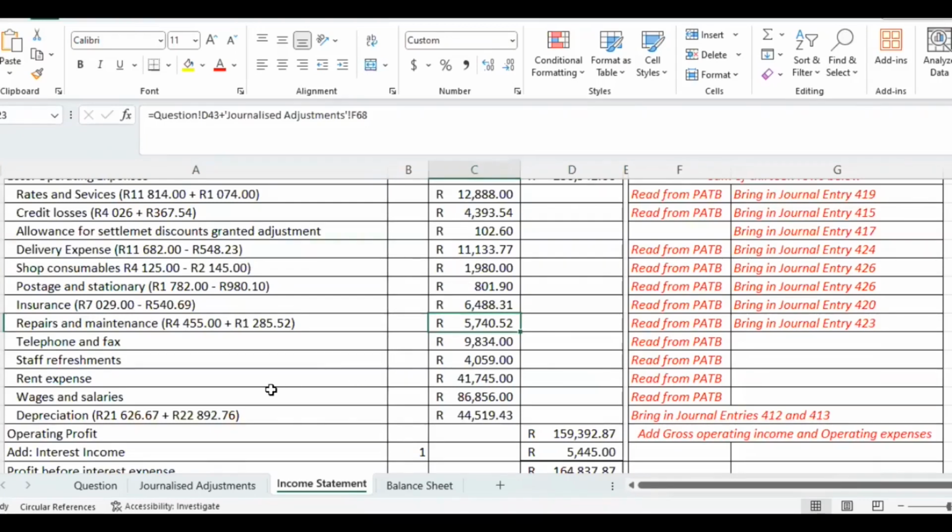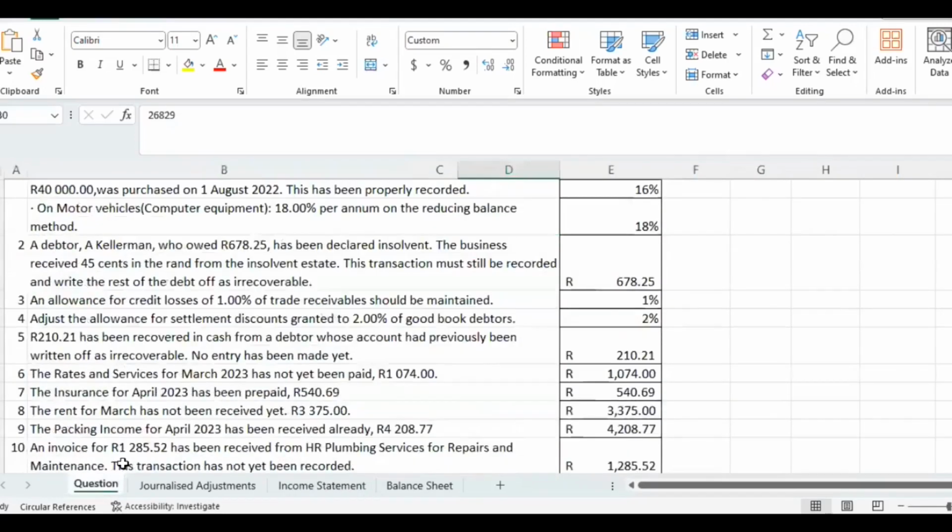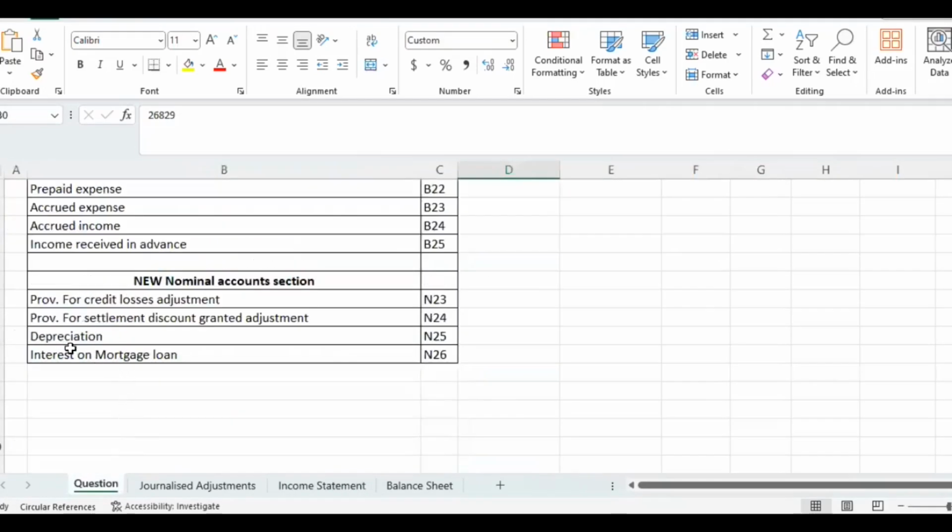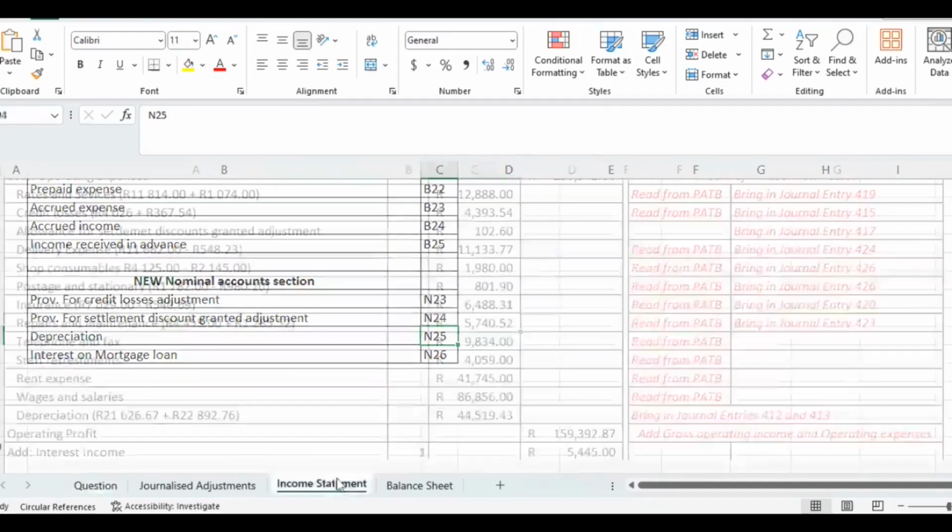Okay, now we get to the depreciation. Now this depreciation that we have here was brought in through journal entries 412 and 413. Remember, I said to you, if we have a look here, depreciation didn't appear on our pre-adjusted trial balance, so we must bring it in because we created journalized adjustments for it.